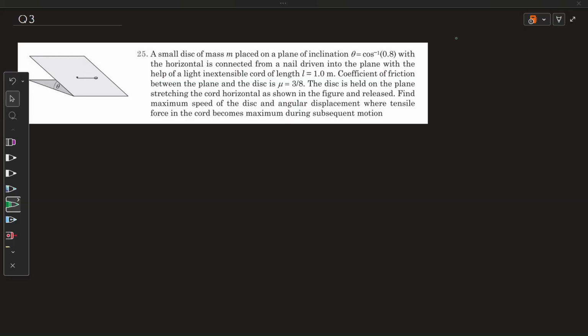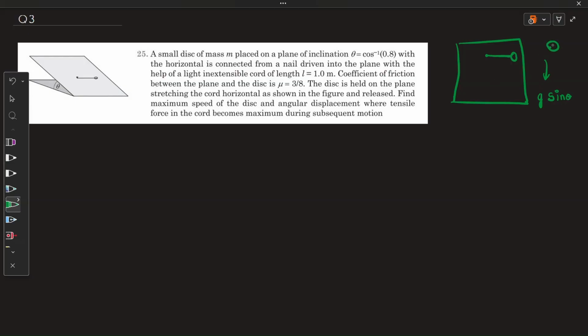I am keeping my frame as a plane. I am considering this as the plane in which out here it is attached. This is the disk. Now what is the acceleration along the plane? Along the plane, I'm getting g sin theta.